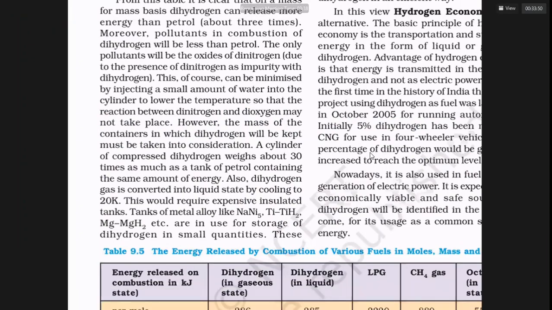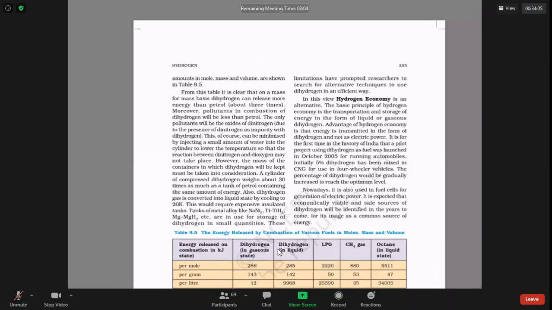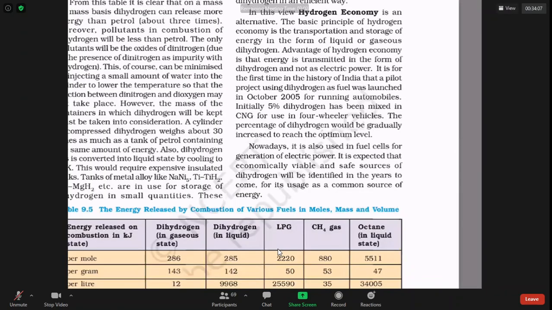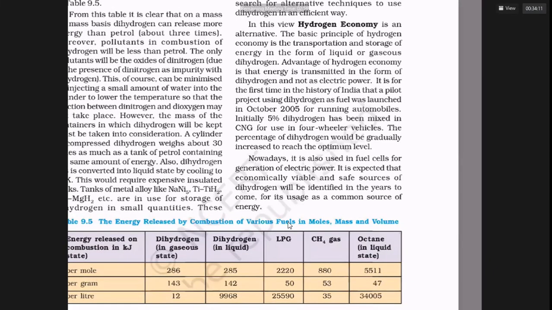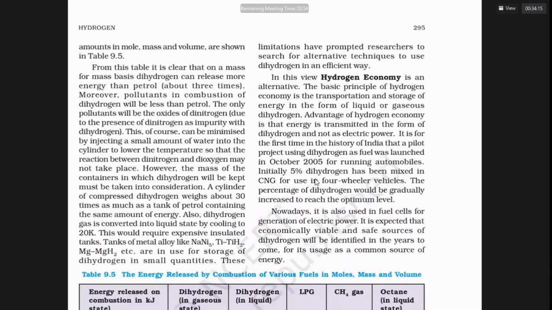To store hydrogen, you require very strong metal containers, maybe Na, Ni5, Ti, TiH2, Mg, MgH2. They are rare and strong alloys. The techniques of transportation and storage of hydrogen are referred to as the hydrogen economy.